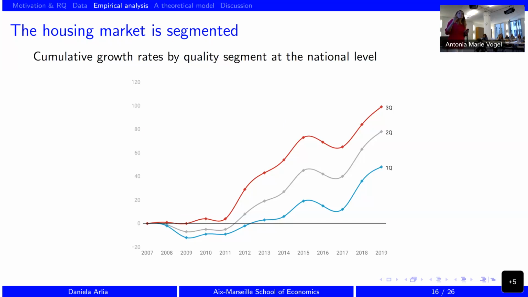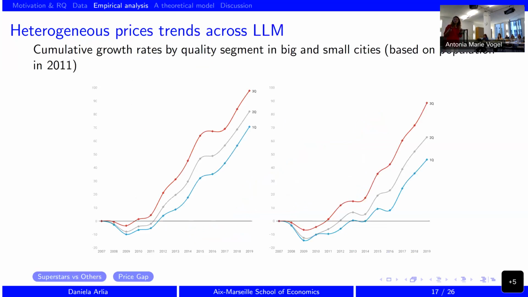This is the cumulative growth for the first, second, and third quartiles of the housing price distribution at the national level. You can see that already at the national level, they show different growth trends over the time of observation. And when we look at different types of cities, the trends are different. So there are some differences.